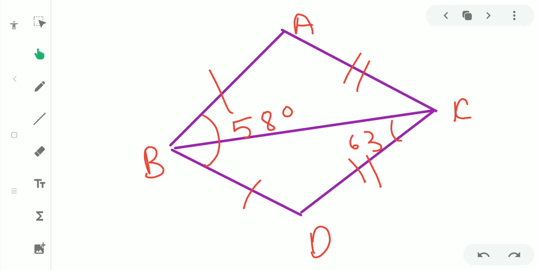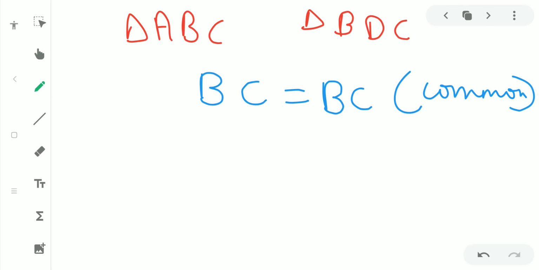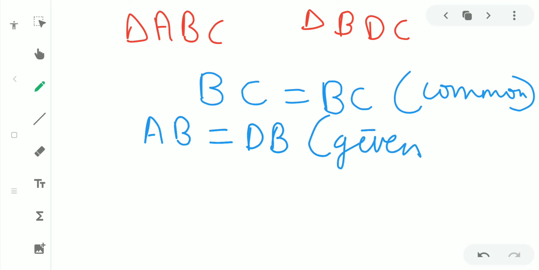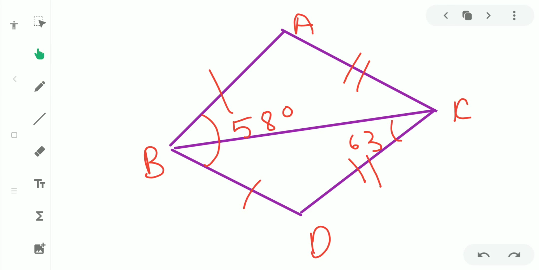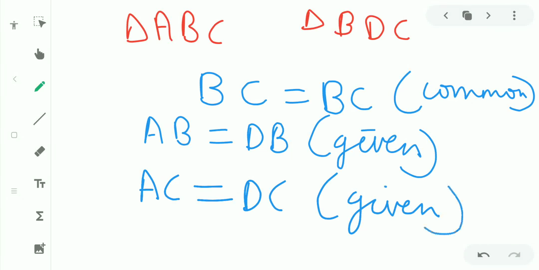And next one, we are having AB is equal to DB. It is given in the question itself. And in the same way as you have expected, AC also will be equal to DC. It is also given. AC is equal to DC. It is given.